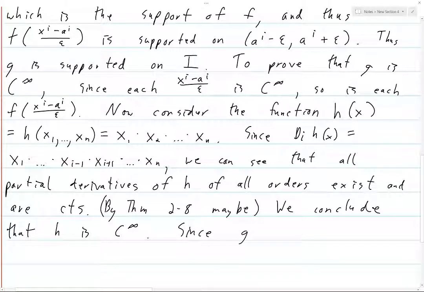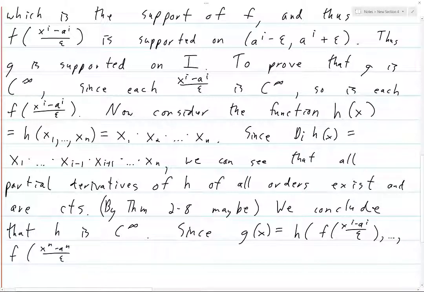Since g of x is really h of f of (x_i minus a_i) over epsilon, comma, dot dot dot, comma, f of (x_n minus a_n) over epsilon.